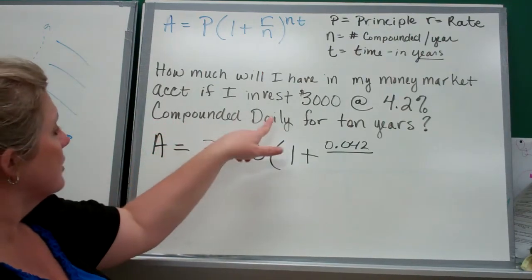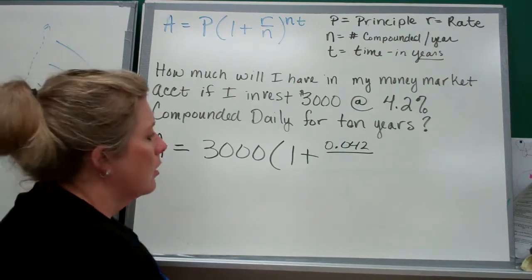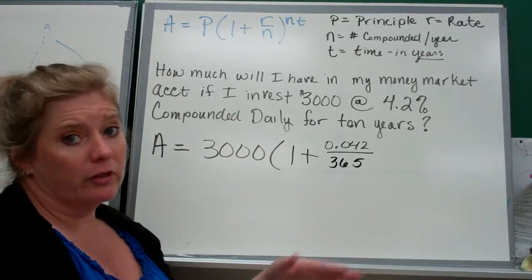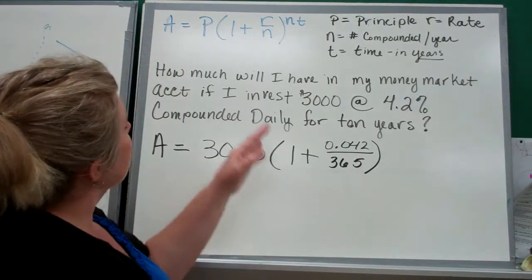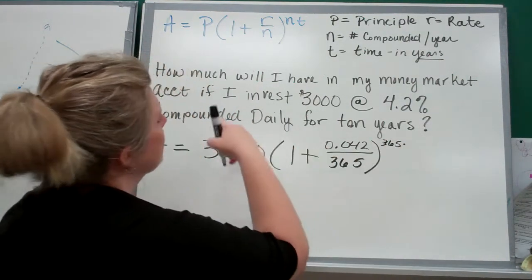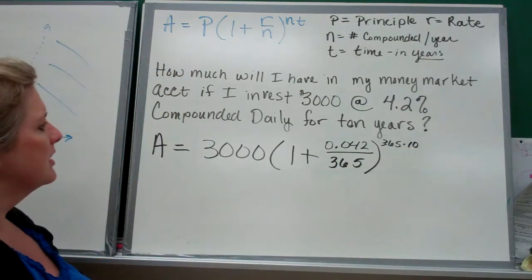It says compounded daily. So how many days in the year are there? There are 365. And we just kind of forget about leap years in there. We use 365. And then NT, so it's 365 times T. T is 10 years. So 365 times 10.